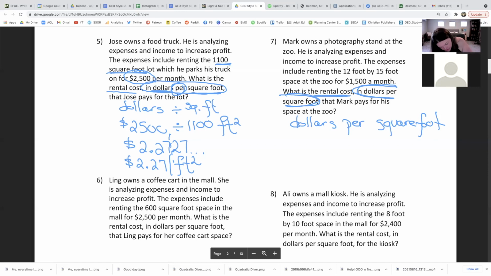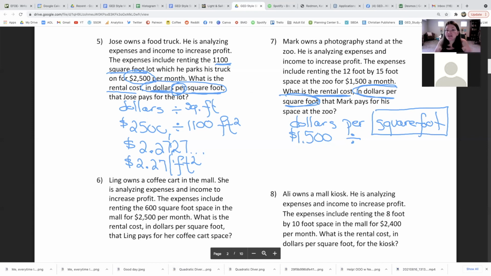We start with the dollars. Dollars, that's 1,500. And we per it, per, divide by. But careful, this asks us to divide by the square foot. This is why this is considered an advanced level problem, because now they're pulling geometry into this because they didn't tell us the square foot. Go ahead and look at the problem.